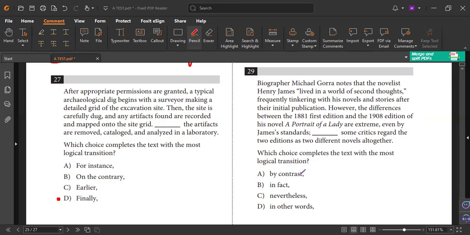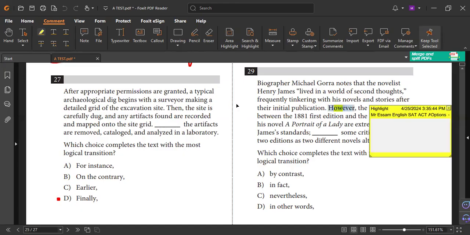Let's read it from the beginning together to understand the organization of ideas. Biographer Michael Cora notes that the novelist Henry James lived in a world of second thoughts, frequently tinkering with his novels and stories after their initial publication. He said, however, that means the next idea is opposite to the previous idea.